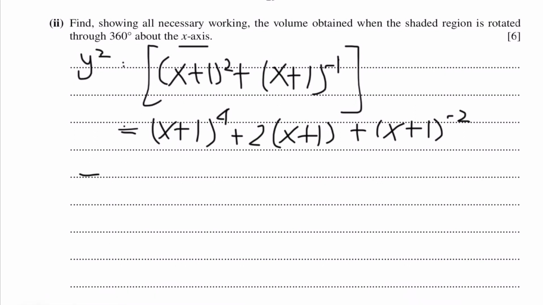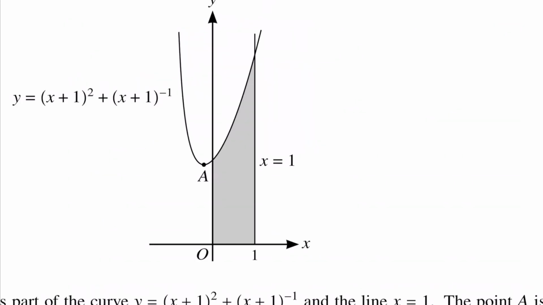Now you have to multiply pi by the integration of y squared. Your limits are 1 and 0. It's 1 and 0 because it's 0 here and it's 1 here, and you're only asked for the volume between that.